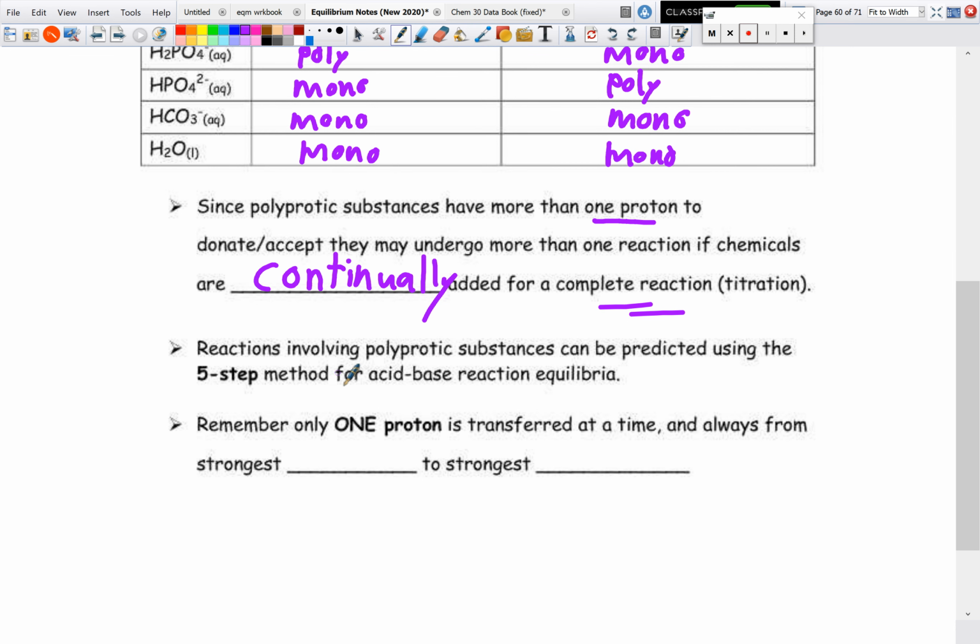So we can predict what reactions would happen by using our 5-step method if we want to, because we have to remember only one proton is transferred at a time from the strongest acid to the strongest base.